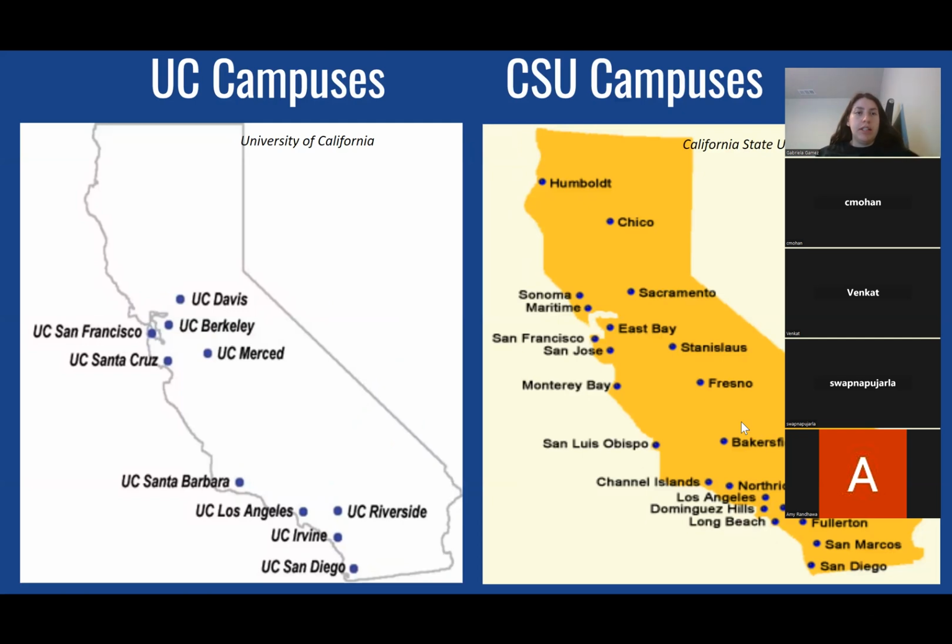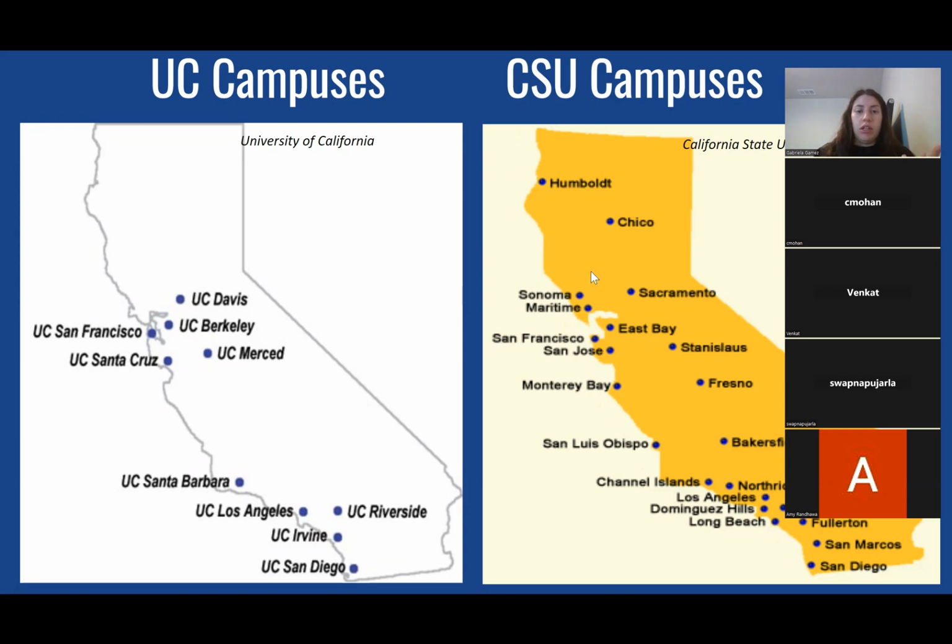So just to kind of start out, when you're looking at four-year colleges and wanting your student to attend four-year colleges, they have options between UC campuses and CSU campuses that are in California. Now, with that being said, there are private and out-of-state options that I will end up going over in this PowerPoint.